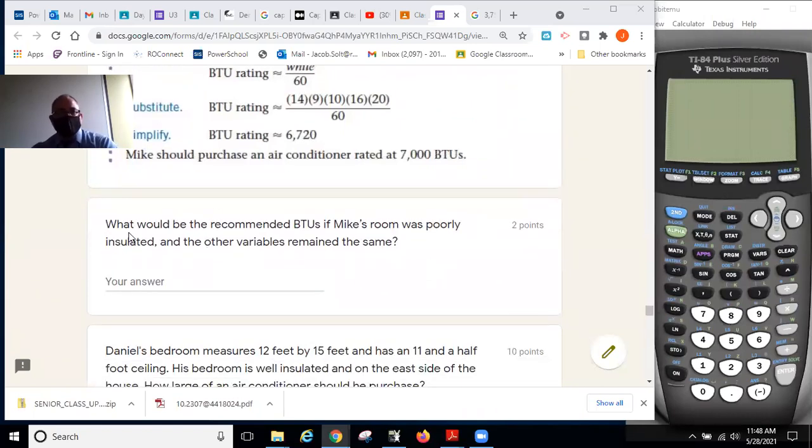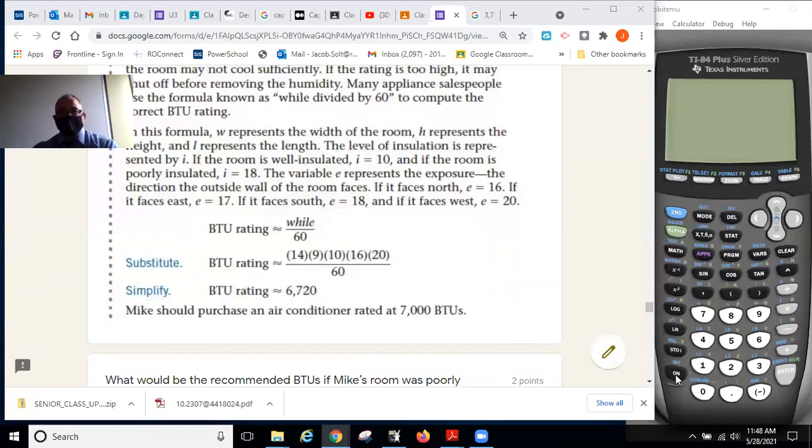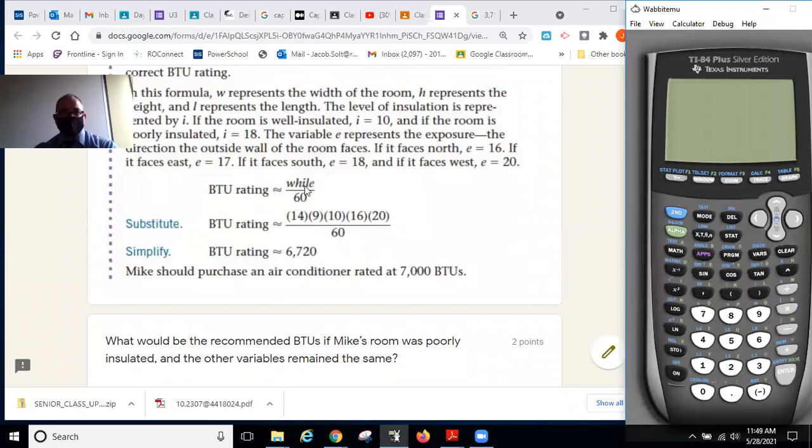What would be the recommended BTUs if Mike's room was poorly insulated and everything else was the same? If his room was poorly insulated, the only thing that changes is the I. When a room is poorly insulated, the I becomes 18.